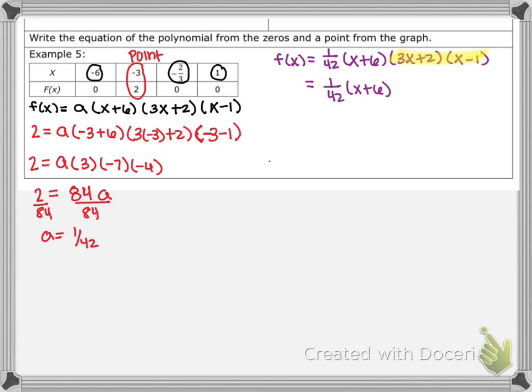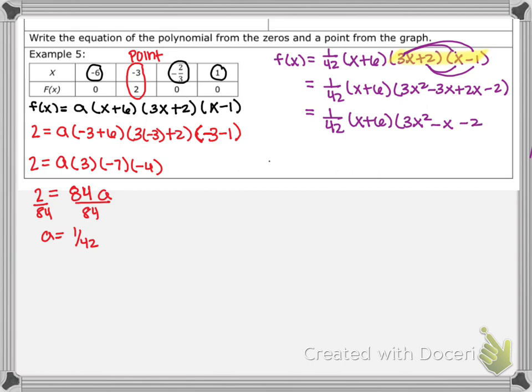So I'm going to go ahead and FOIL those. So I get 3x times x, which is 3x squared. Then I get 3x times negative 1, negative 3x. 2x, so 2 times x, 2x. And then 2 times negative 1, negative 2. Let's clean that up a bit. So you get 3x squared minus x minus 2.